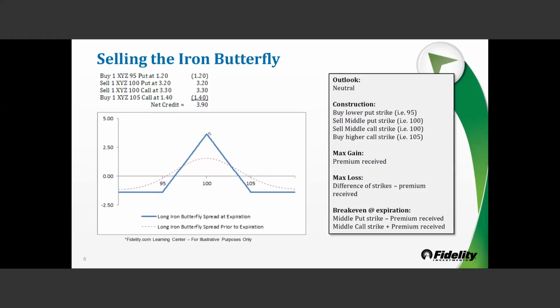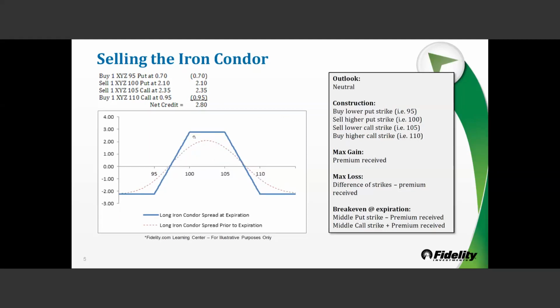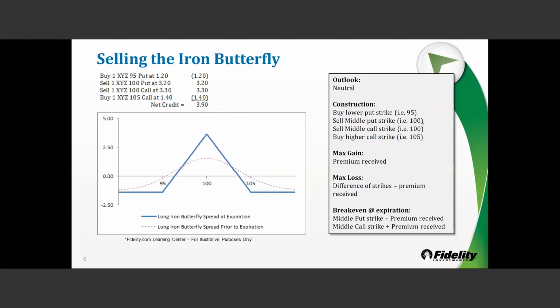Butterfly is just that top end of the spread. In the iron condor, we had a spread between 100 and 105. In the iron butterfly, they are both 100, as you can see here.